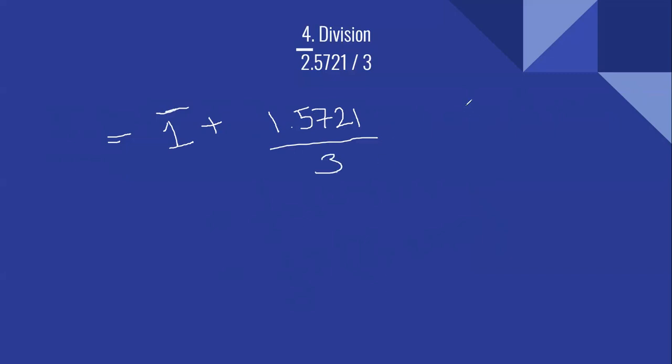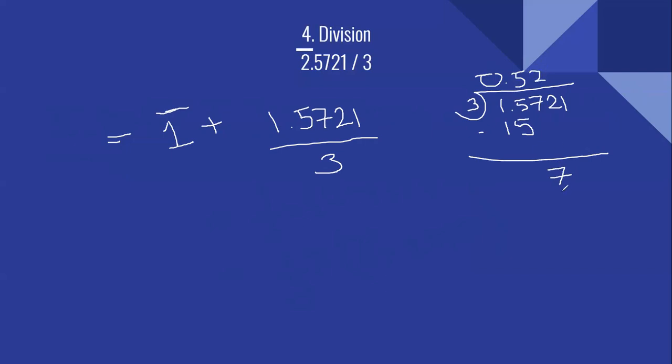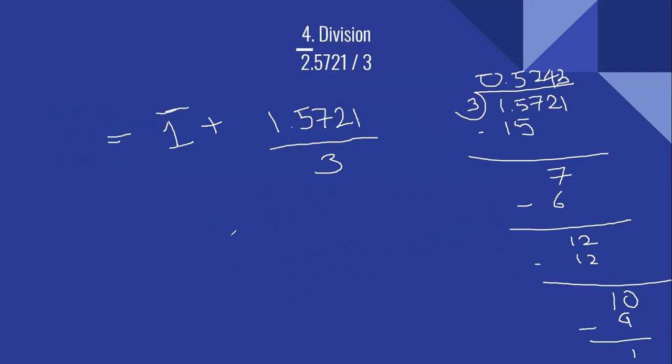So now if you calculate this, you get 3 into 1.5721. 3 5s are 15, you get 7 here now, 3 2s are 6, you get 12 here now, 3 4s are 12, you get 1, which becomes 0 because of the decimal point, 3 3s are 9, and then it goes on.